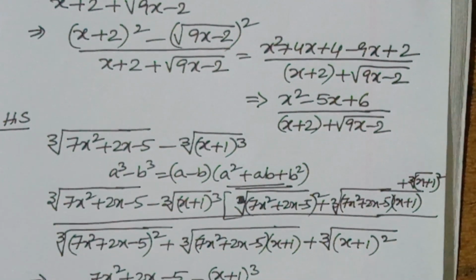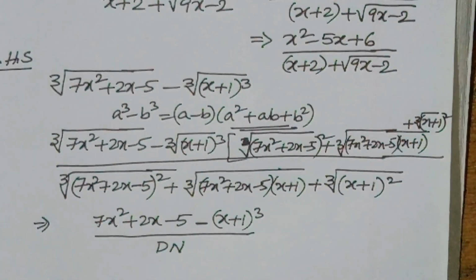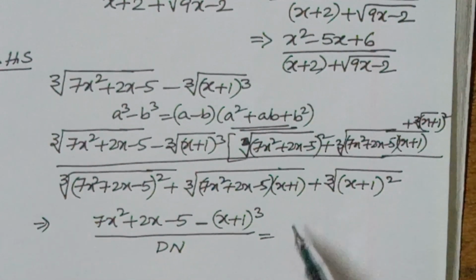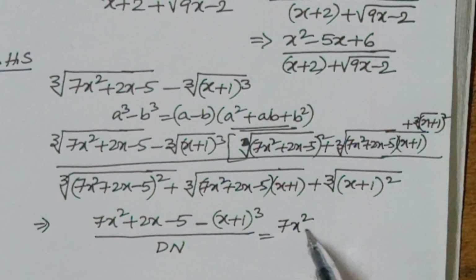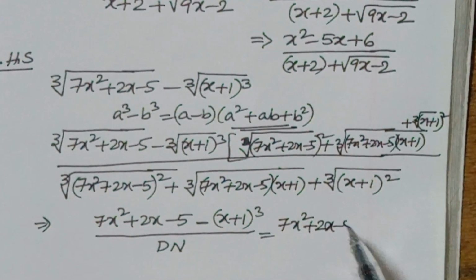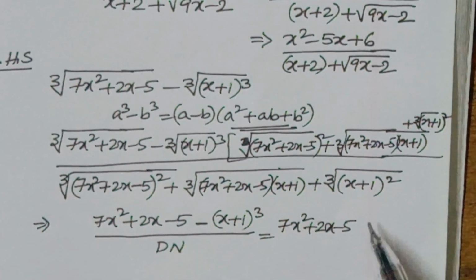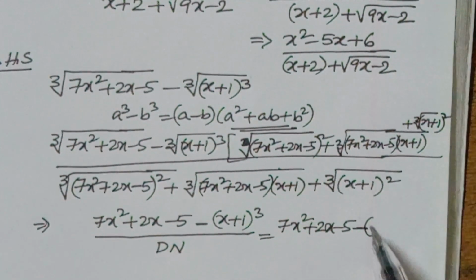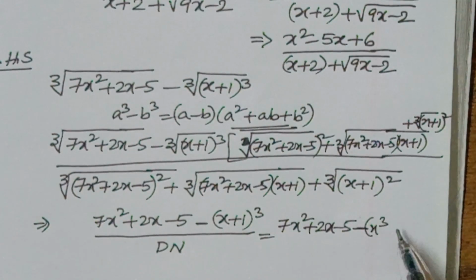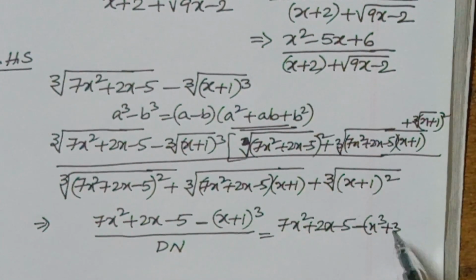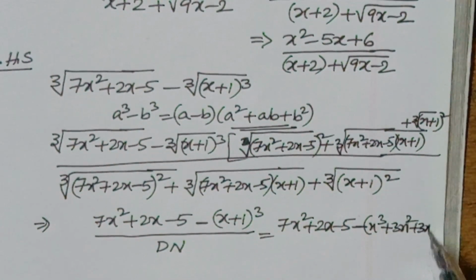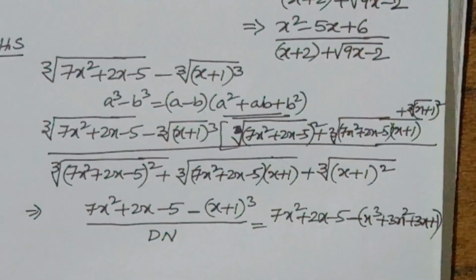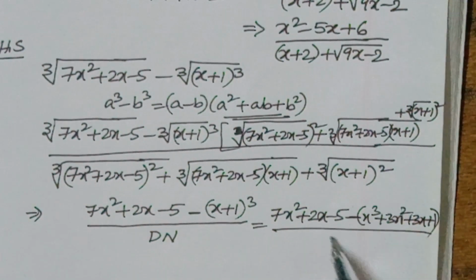I am not writing the total, the place is not sufficient. So here in the numerator we will get 7x square plus 2x minus 5 minus of x cube plus 3x square plus 3x plus 1, by the denominator.